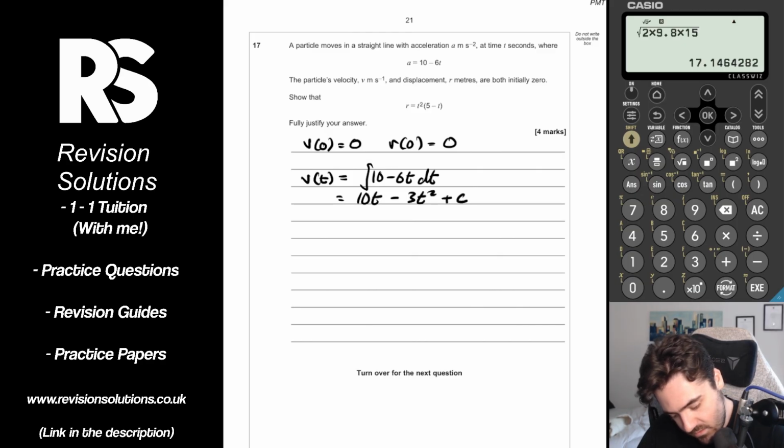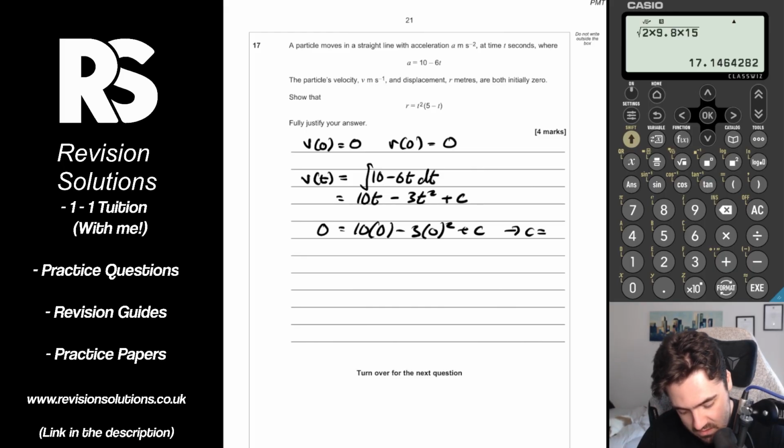Subbing in t equals 0, and so they're using this, v is 0 when t is 0. Let's just write it out. 0 equals 10 times 0 minus 3 lots of 0 squared plus c. So that means c is just 0.